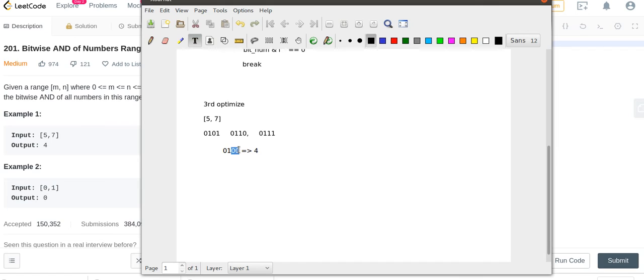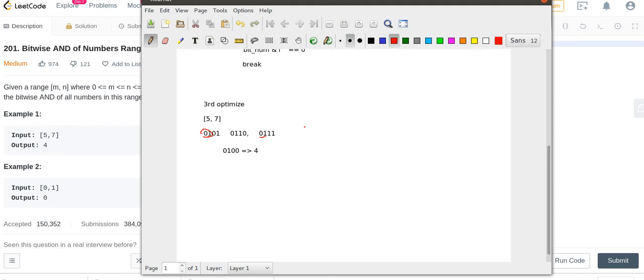So we can find that there is a pattern: the result only depends on the common prefix bits, because the bits that are 0 and 0 are the same.